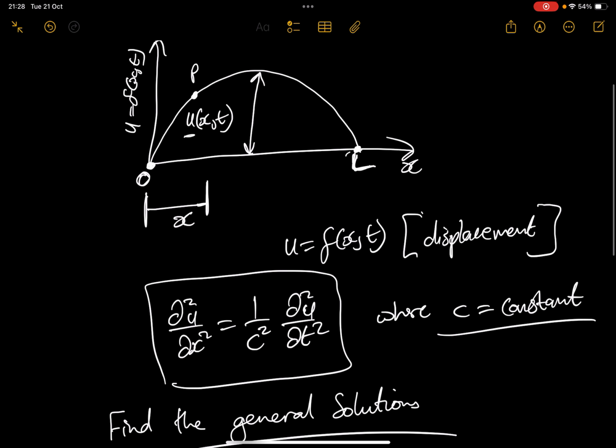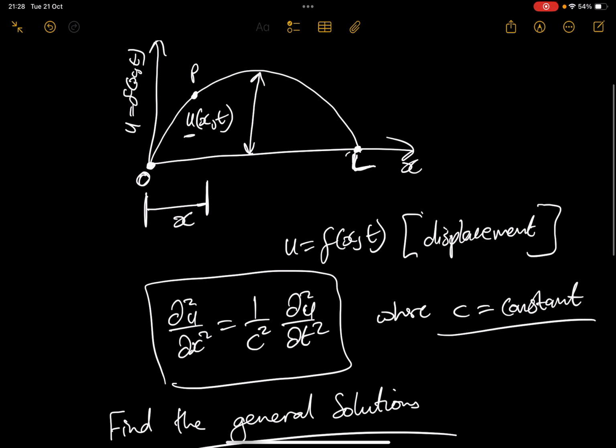We know that the displacement is 0, so 0 is equals to, where there's x we have 0, so we're going to have a cos 0 plus b sine 0, and then this is equals to c cos pct plus d sine pct, right?